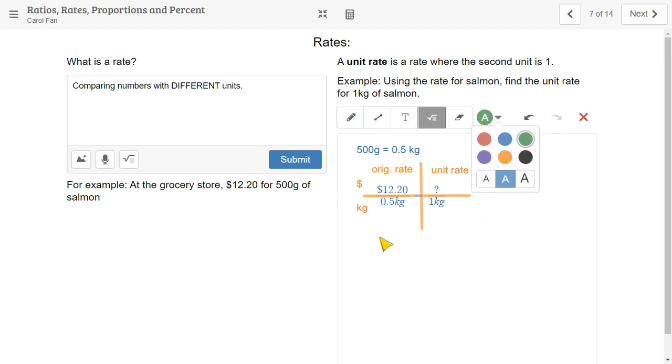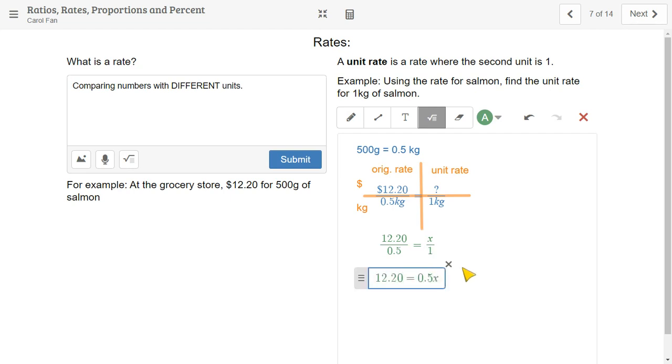We're now going to make it into a fraction. 12.20 over 0.5 is equal to x over 1. Let's cross multiply. So we have 12.20 is equal to 0.5x. Now, let's divide both sides by 0.5 so that we can make x on its own. 12.20 over 0.5 is equal to 0.5x divided by 0.5.